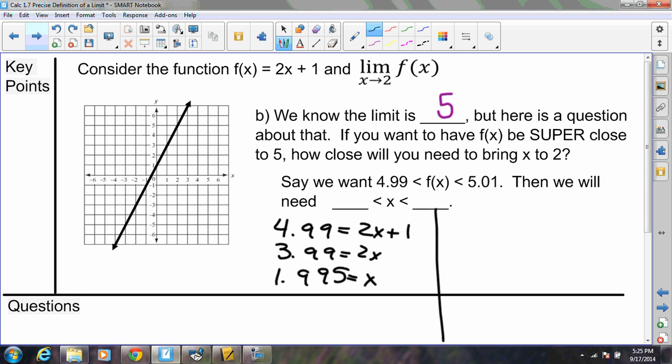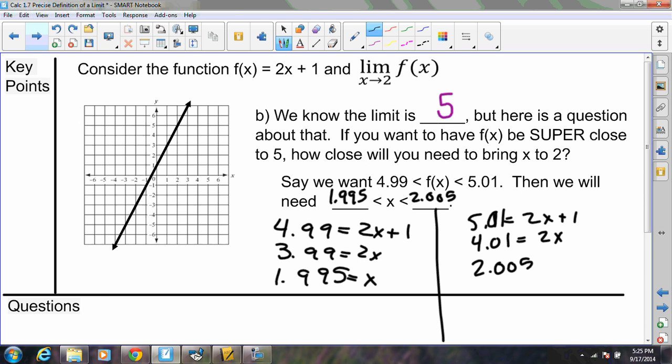And do the same thing for 5.01. Subtract 1, we'd get 4.01. Divide by 2, and we have 1.995 and 2.005.